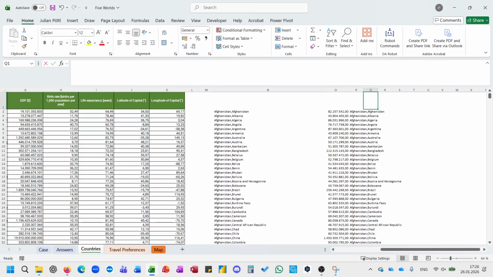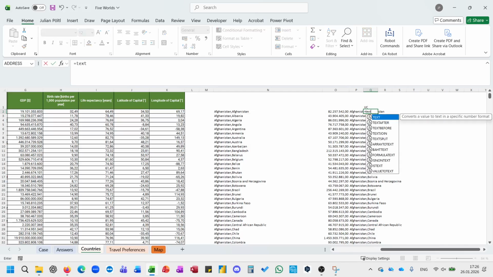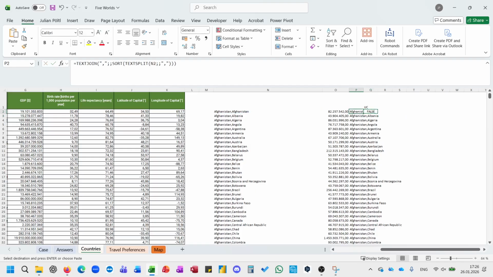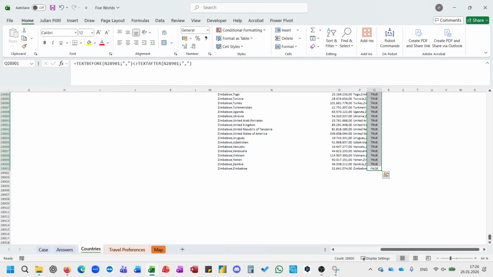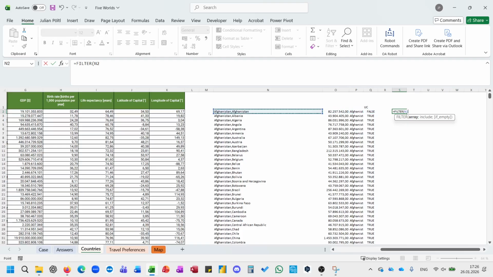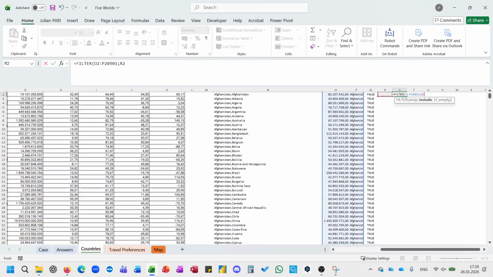Now, unique countries, we check for this by searching if text before the semicolon is unequal to text after the semicolon, comma, sorry, false. And then we only include where this is true.